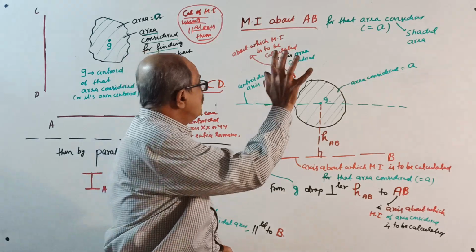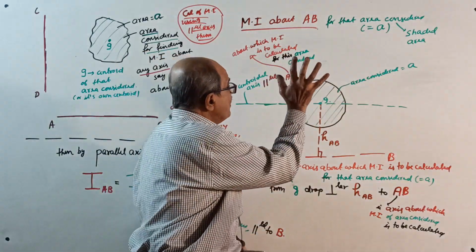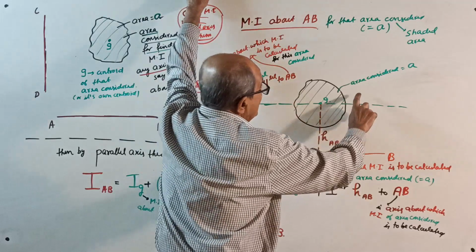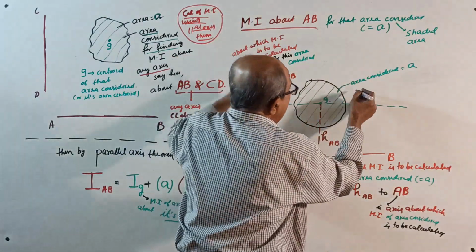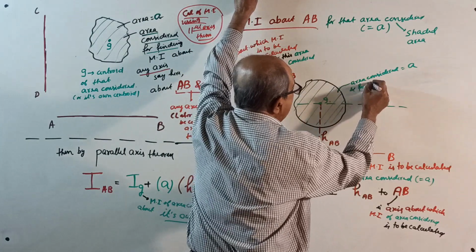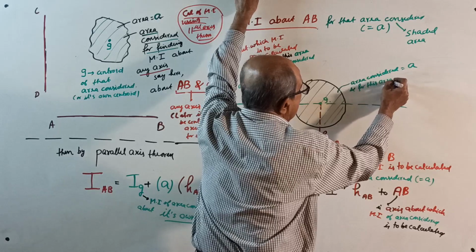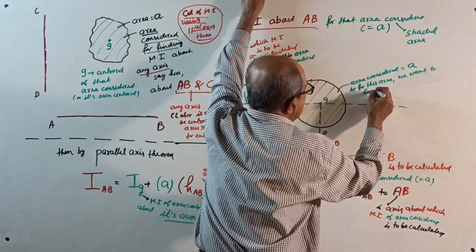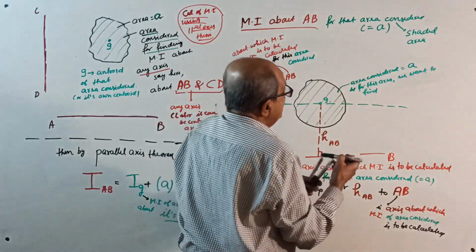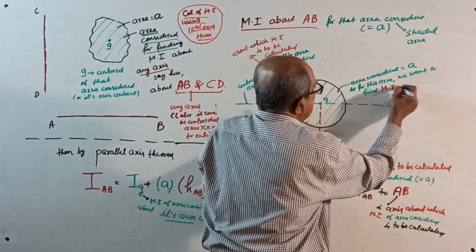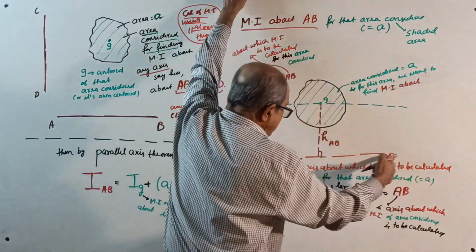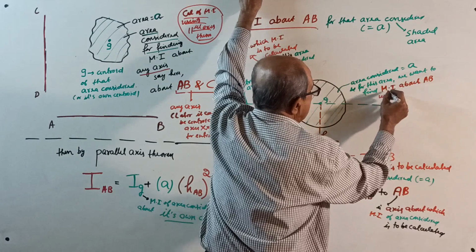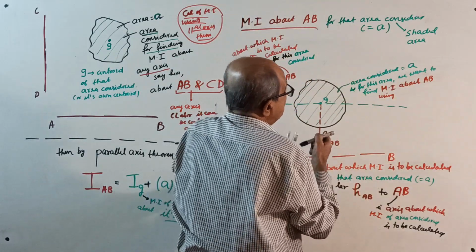This is only what we want to consider: how to find the moment of inertia of this area. Area considered is A, and for this area we want to find the moment of inertia about the AB axis using the parallel axis theorem.